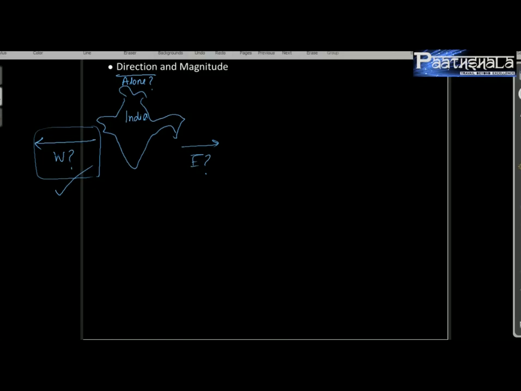So the position of USA with respect to India can be specified using something called a position vector, which has a direction pointing from India to USA and which has a magnitude which is equal to the distance between India and USA. Let us say x miles. Let us look at another example.